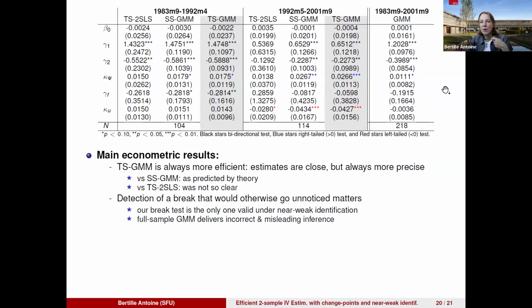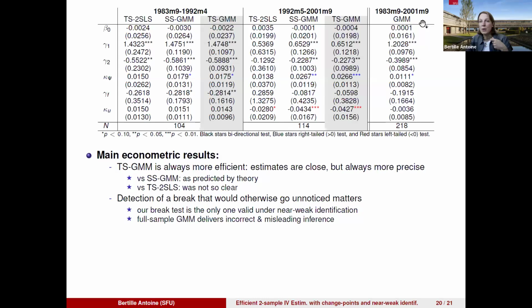There are a lot of numbers here. On the far right, you have the result obtained by a standard GMM that ignores the break in the structural equation. One thing I did not insist on too much is that we propose a new test to detect structural breaks in the main equation that is robust to various things, including weaker identification, so this break would have been missed by many other methods.